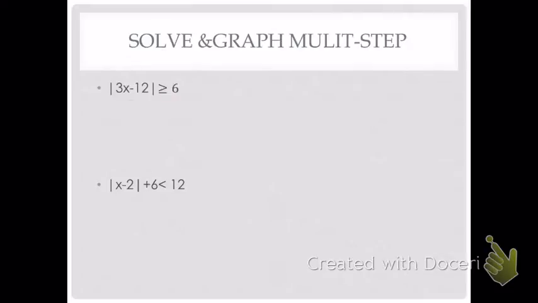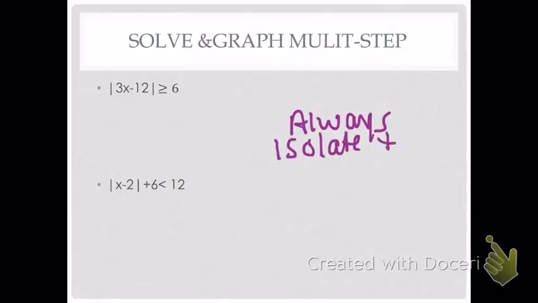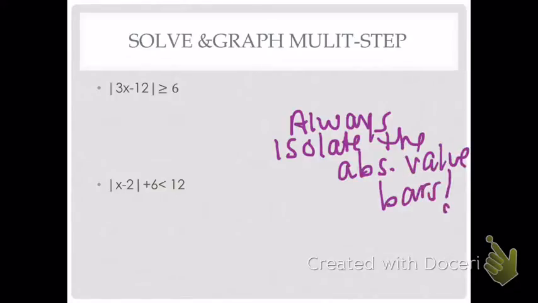All right, let's look at problem 2. The absolute value is not isolated, so the first thing we must do, always, is isolate the absolute value bars. So what we're going to do here is subtract 6.